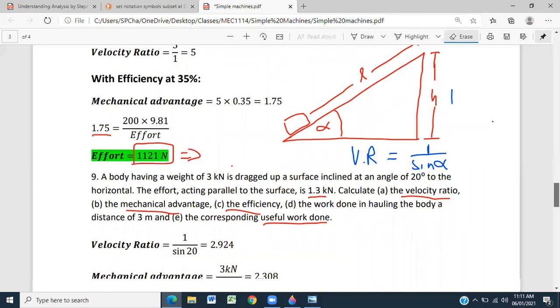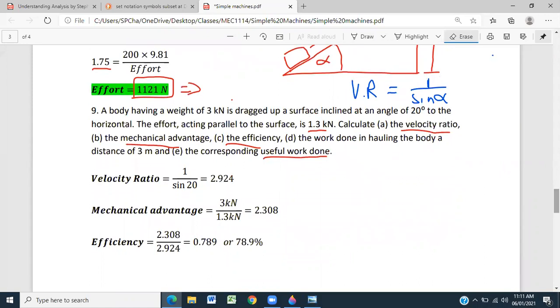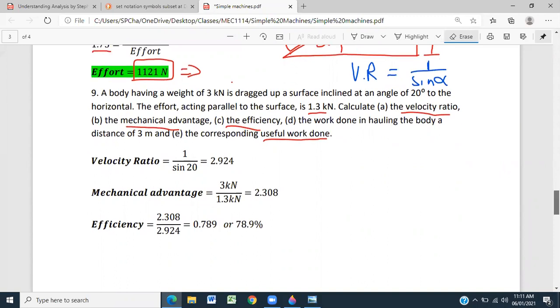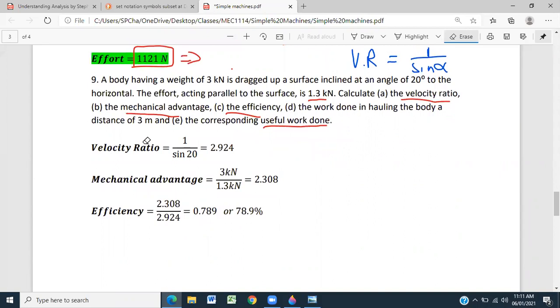First things first, find the velocity ratio. And we already developed the methodology: velocity ratio, mechanical advantage, efficiency. Those are the steps we take. So we know the velocity ratio is equal to our formula. They gave us an angle of 20 degrees. So 1 divided by sine 20, the velocity ratio is now 2.924. Just plug that into a calculator.